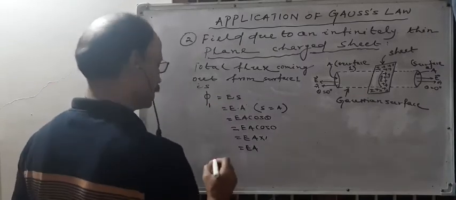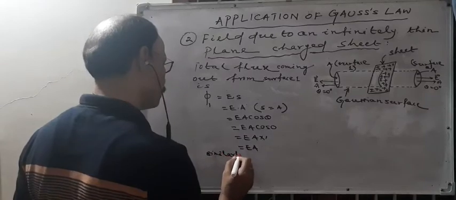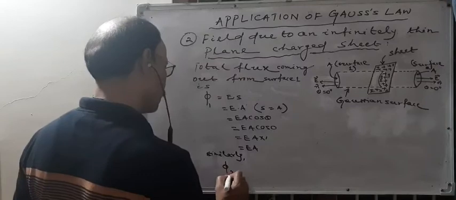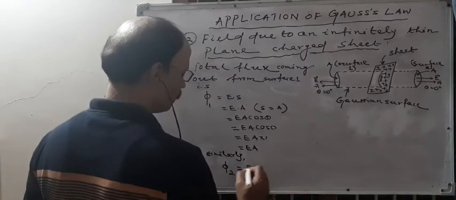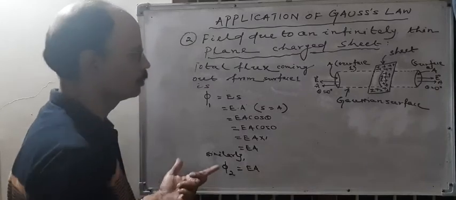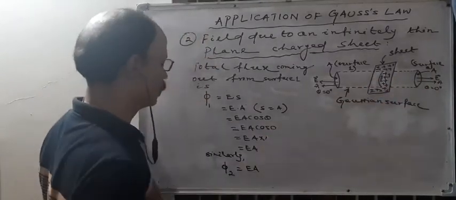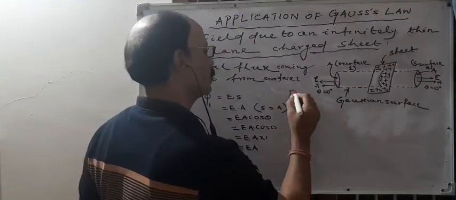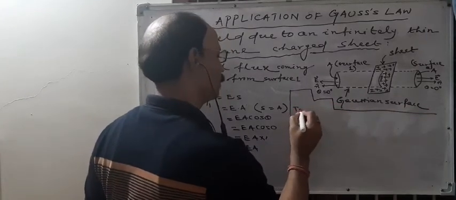Similarly, phi 2 will be what? Phi 2 will also be E A, that is coming through surface 2. Okay. So total flux through the Gaussian surface will be what?